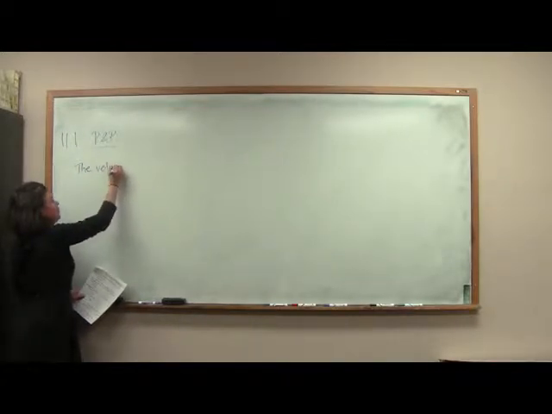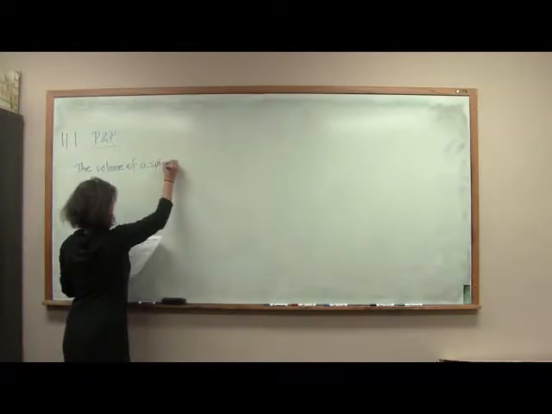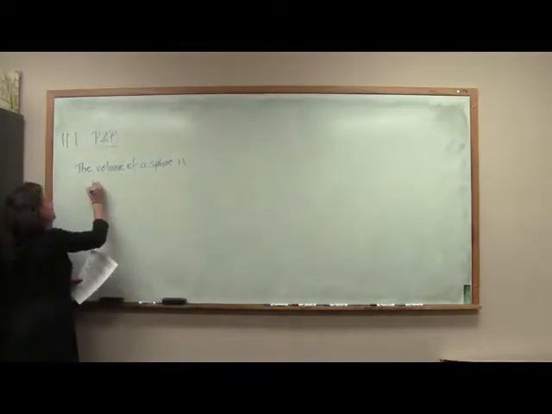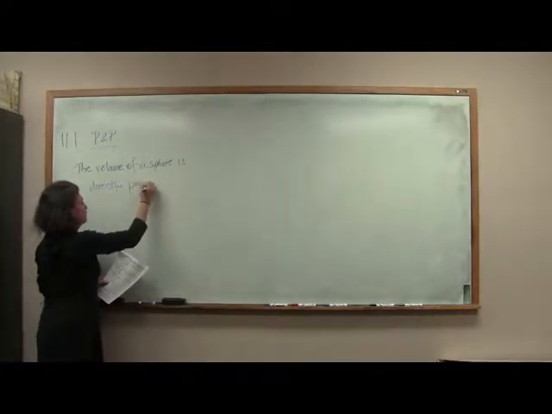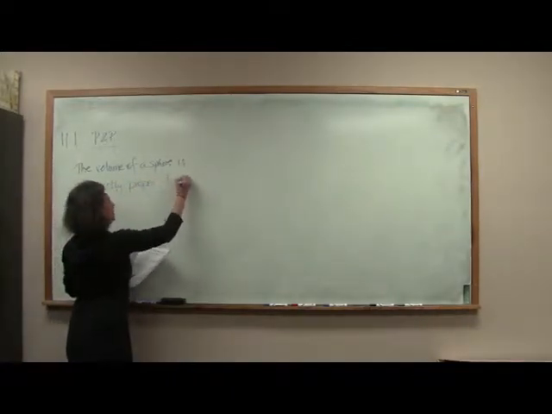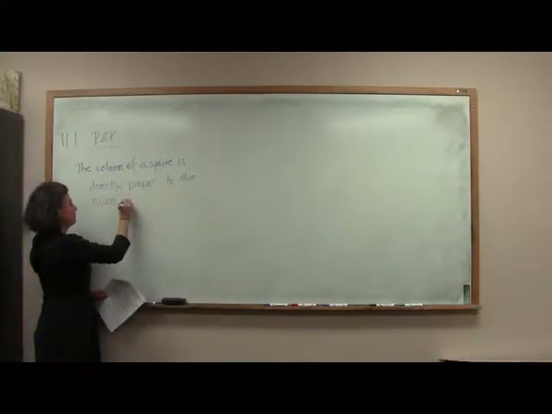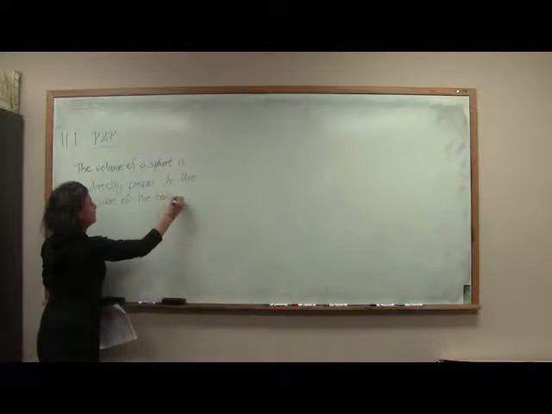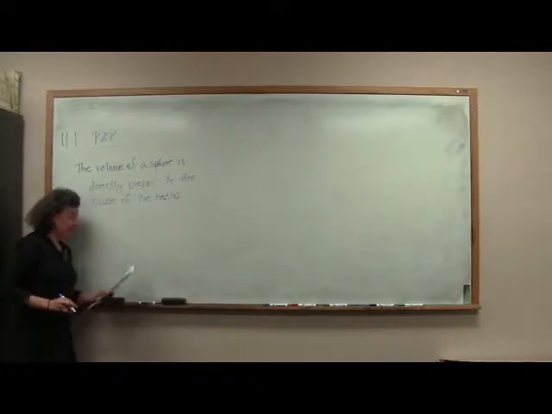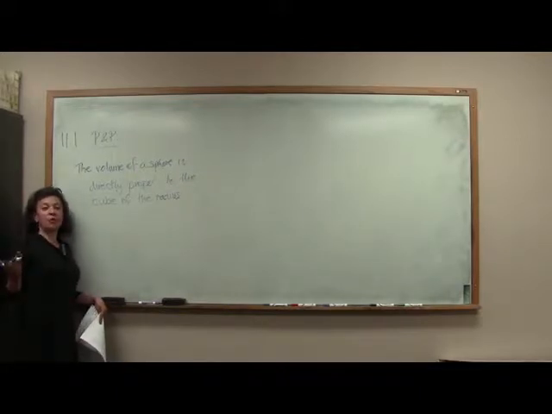So, what if I tell you the following? That the volume of a sphere is directly proportional to the cube of the radius. Okay? How would we write this in formula form?